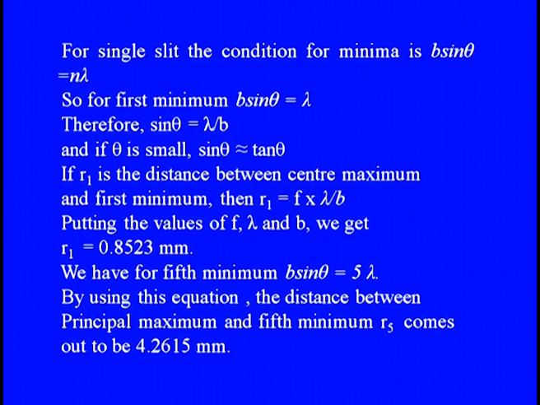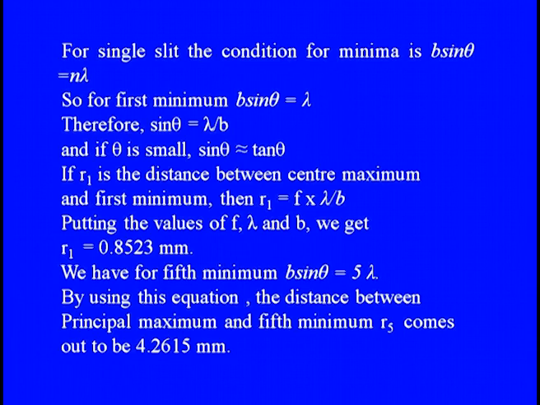Now, if theta is small, then sin theta will be nearly equal to tan theta. If r1 is the distance between center maximum and first minimum, then r1 will be equal to focal length into lambda upon b.